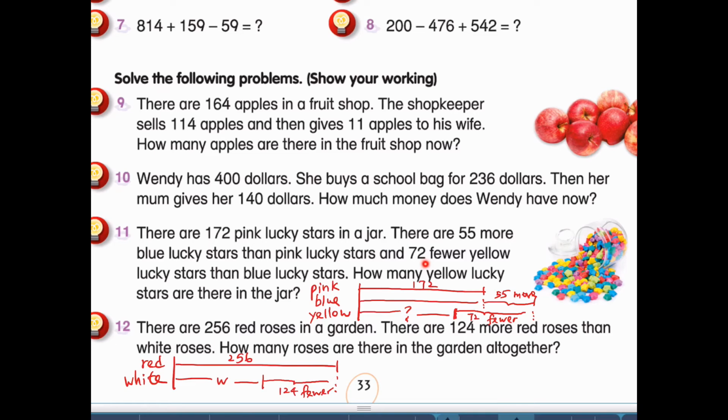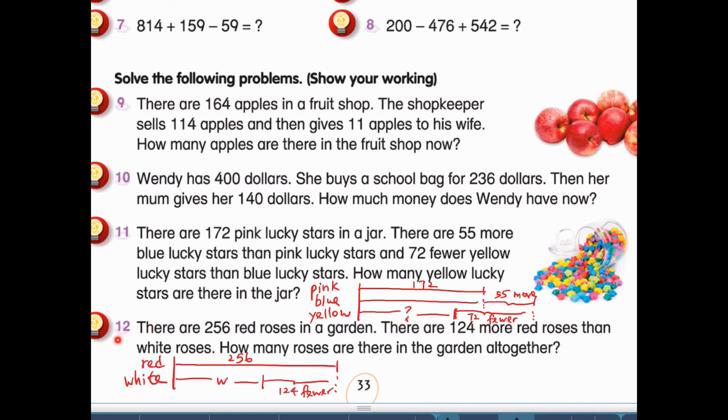And there are 72 fewer yellow lucky stars than the blue lucky stars. So 72 fewer of the yellow than the blue ones. In order to find out the number of yellow lucky stars in the jar, we need to add up 172 and 55 and then minus 72.